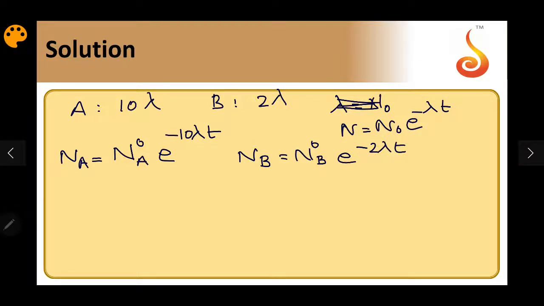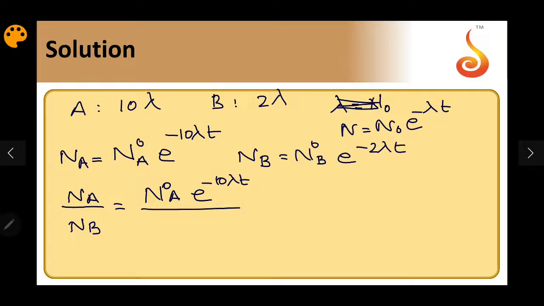So divide NA by NB. NA by NB is equal to N naught A e to the power minus 10 lambda t divided by N naught B e to the power minus 2 lambda t.